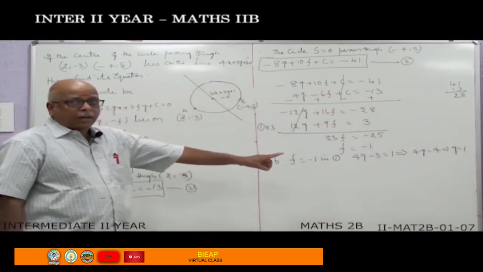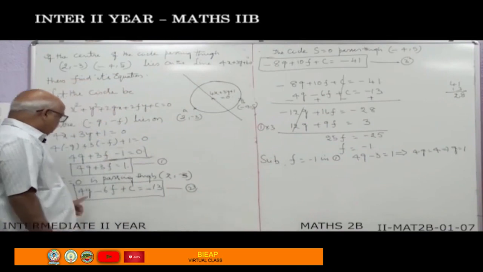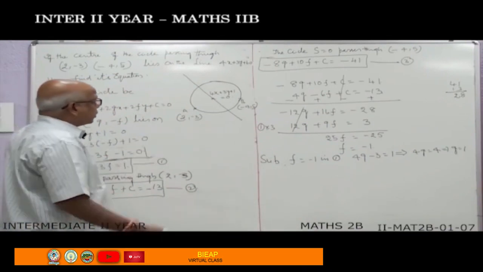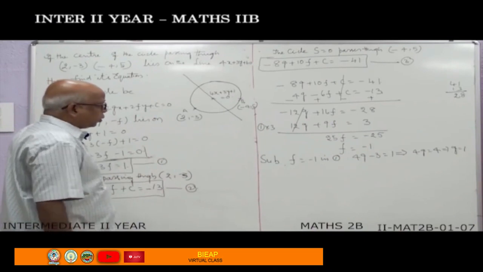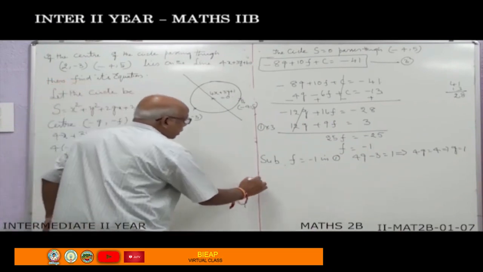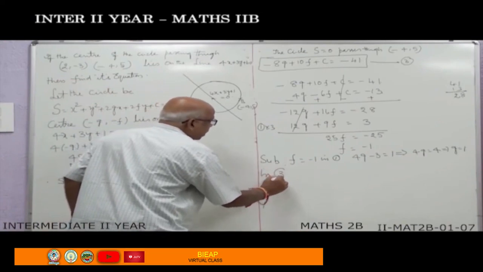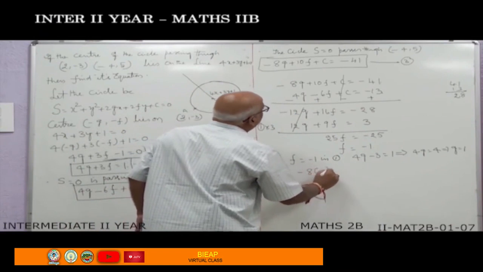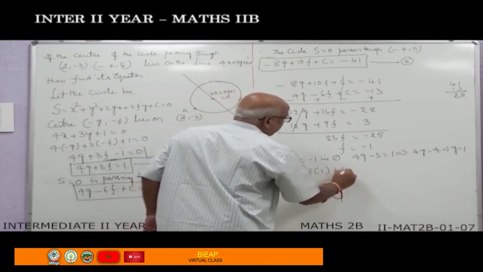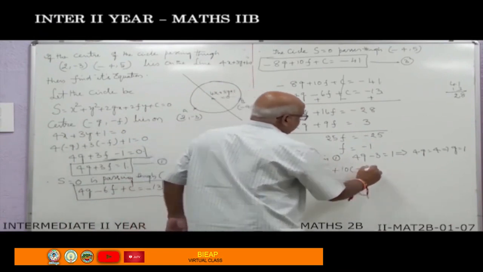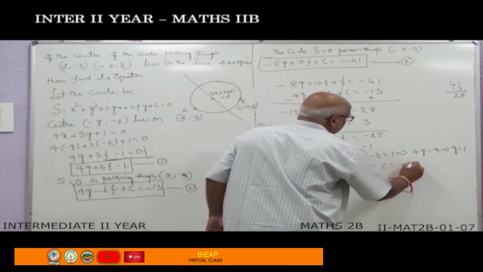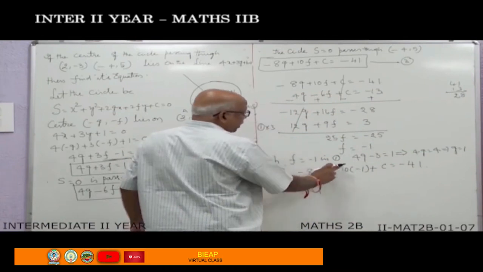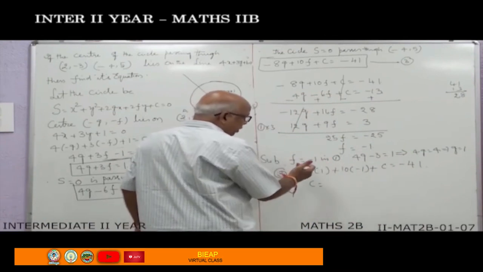Substitute G value and F value both in second equation or in third equation. In any one of the equations you can substitute. In third, 8G, that is 8 into 1, 10F, 10 into minus 1, plus C equal to minus 41. C equal to minus 8 minus 10, minus 18.